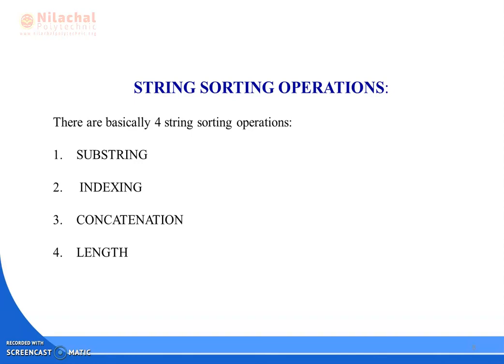There are basically 4 string sorting operations. First, substring. Second, indexing of a string. Third, concatenation of a string. Fourth, length or size of a string. So let's start with substring.